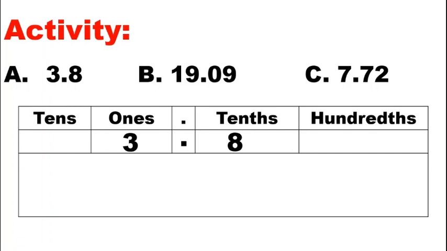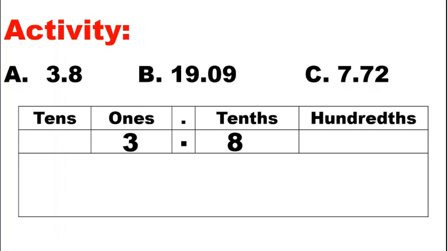So how can we write this into words? That's right. First, we need to write the whole number, 3, write our decimal point as "and", and read the number in our tenths.